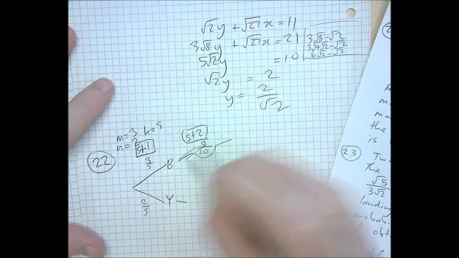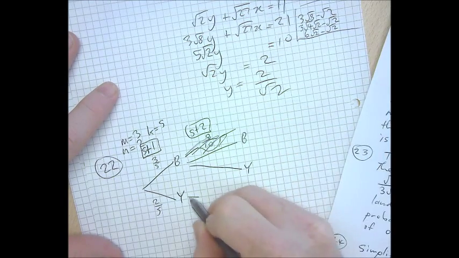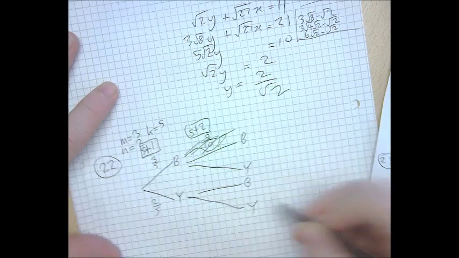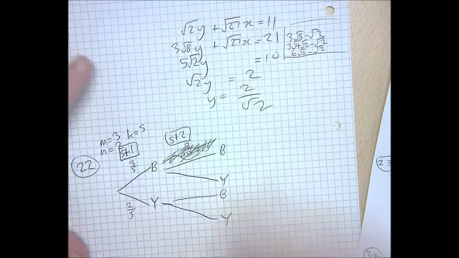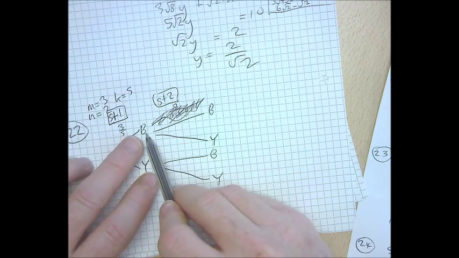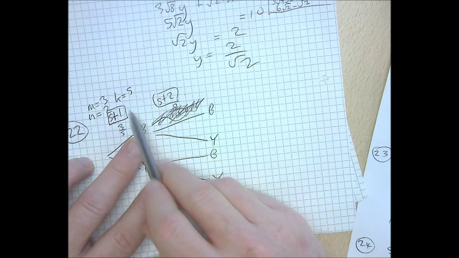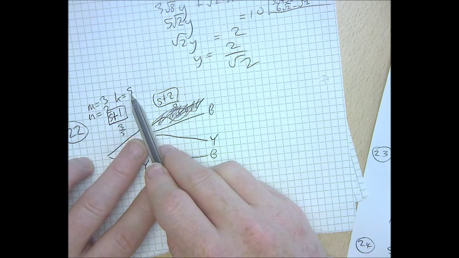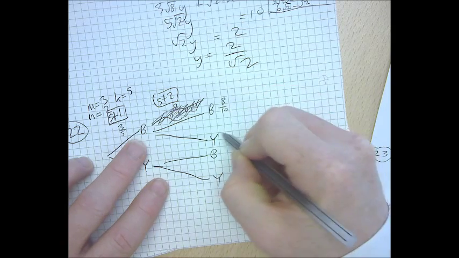I can just say that in stage 2, if a blue got pulled, there will now be 10 balls in the bag because 5 extra blue ones got pulled in. But there'll still be 2 yellows, so it's now 8 out of 10, 2 out of 10.